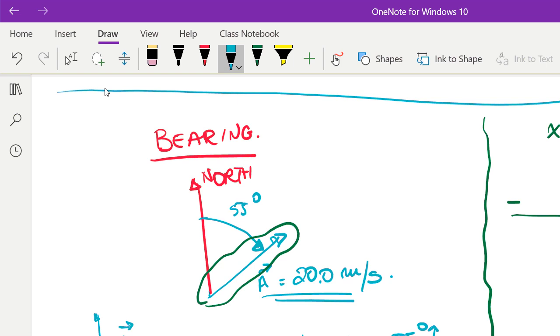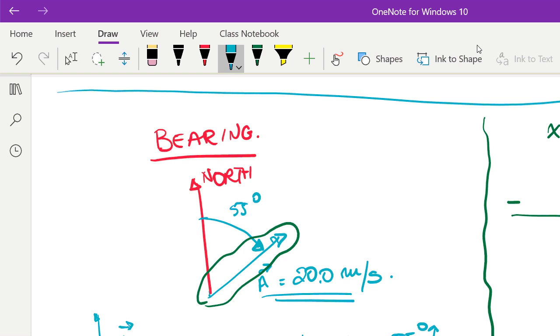And then if we have a vector A, that you can say is 20 meters per second, creating with the x-axis what is 90 minus 55, 35 degrees.